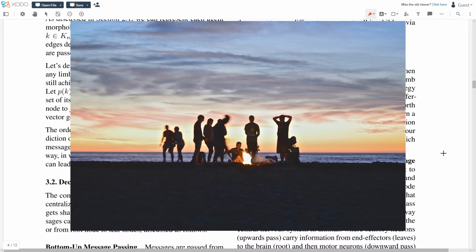I think this is analogous to, say, if we bring a group of people together, during their interaction some pattern must emerge from that interaction. And maybe one leader or two leaders will emerge from them.